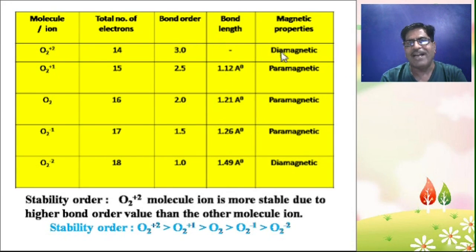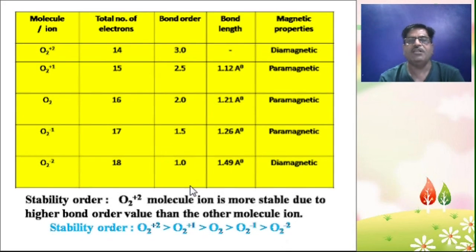Diamagnetic, paramagnetic. So for stability order, the O2 plus 2 molecule ion is more stable due to its higher bond order value than the other molecule ions. So with decreasing bond order value, we can write the stability order of O2: O2 plus 2 has the highest bond order value of 3, then 2.5, 2, then O2 minus 1 with 1.5, and O2 minus 2 is equal to 1.